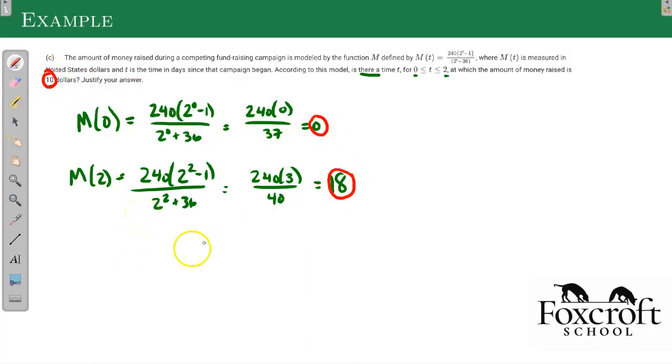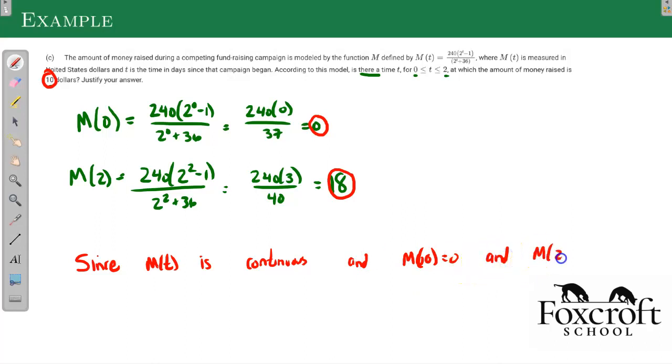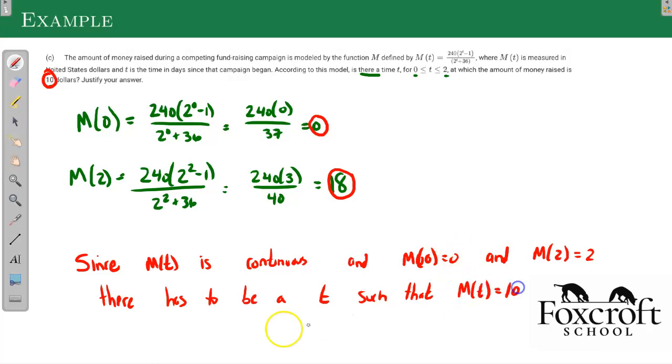So if I was doing this, I would say, since m of t is continuous, and m of 0 is 0, and m of 2 is 18, there has to be a t such that, basically just restating everything, m of t equals 10 by the intermediate value theorem.